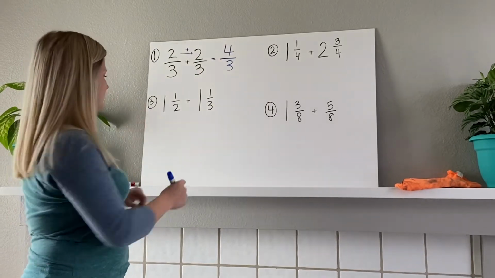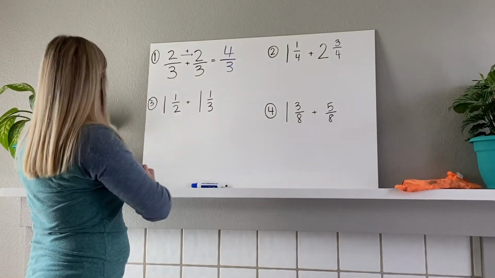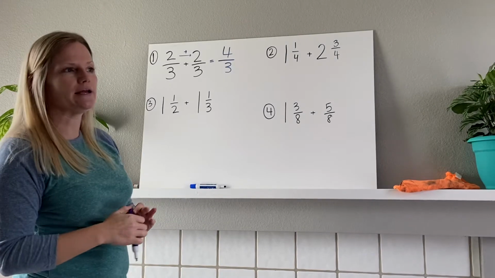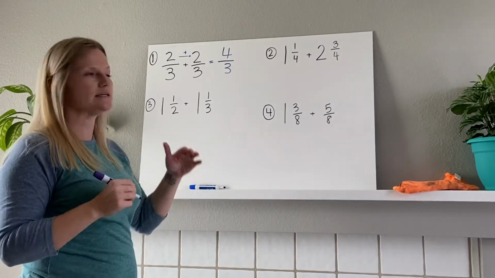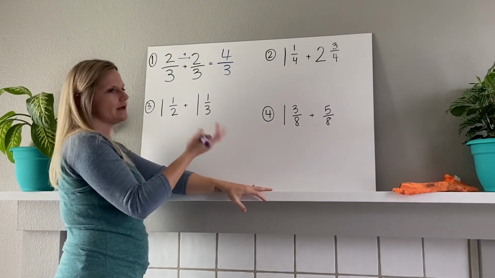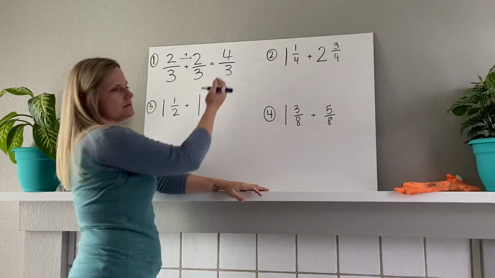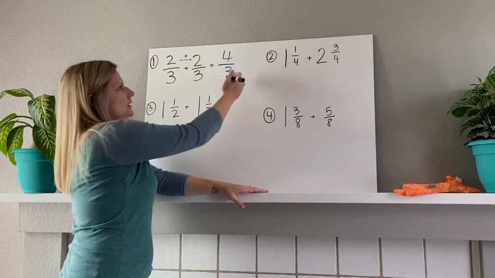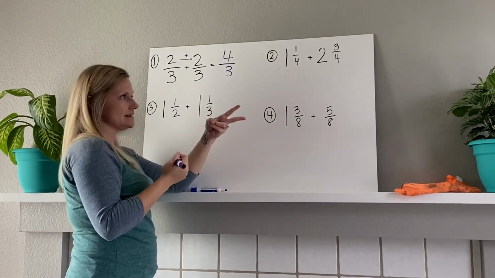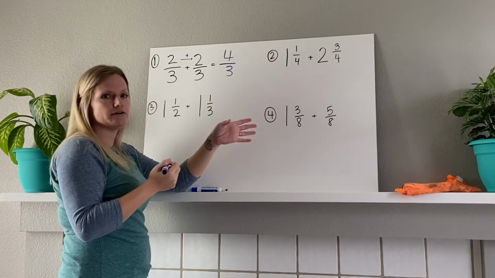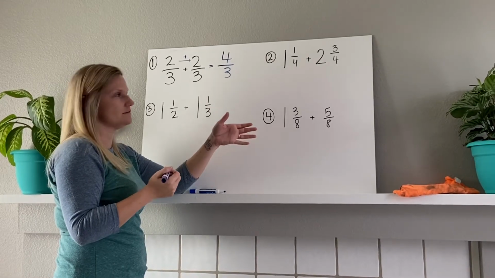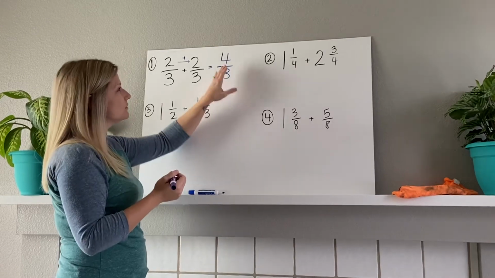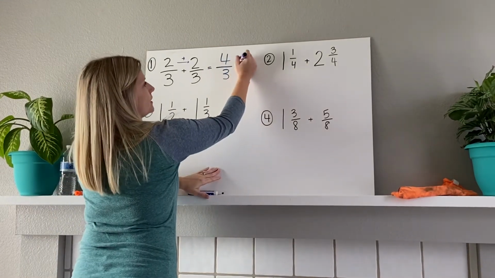So the very first thing we need to think of is how many times could I count by 3s to get to 4? Okay, so we're going to rote count by 3s to see if we can get closest to 4. 3, 6, 9. Okay, 6 and 9 are too many. So what we can determine is that 3 only goes into 4 one time.